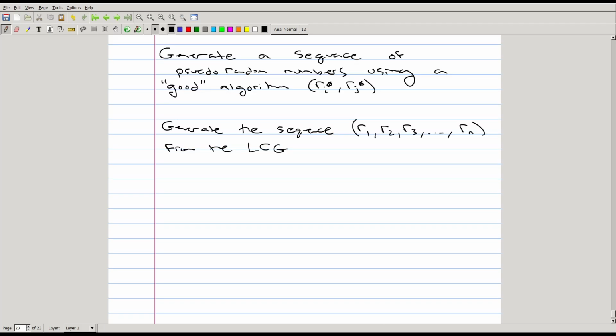Specifically, what we'll do is we'll plot the points R1, R2, R2, R3, all the way up to Rn minus 1, Rn.